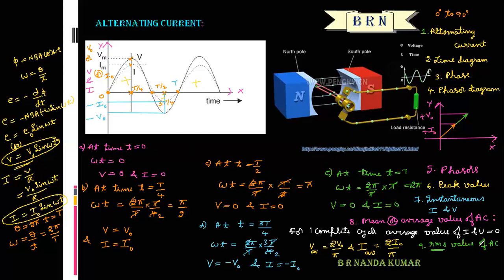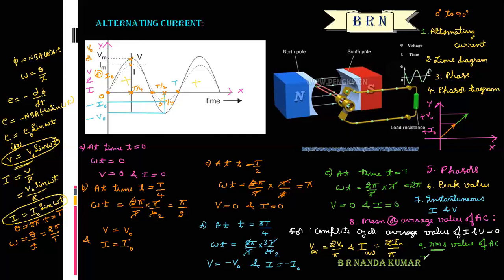But RMS value of alternating current, RMS value of alternating voltage, that is measured over complete cycle. Okay, RMS value of alternating current means the square root of mean of square of its value during one complete cycle. That is called RMS value of AC.